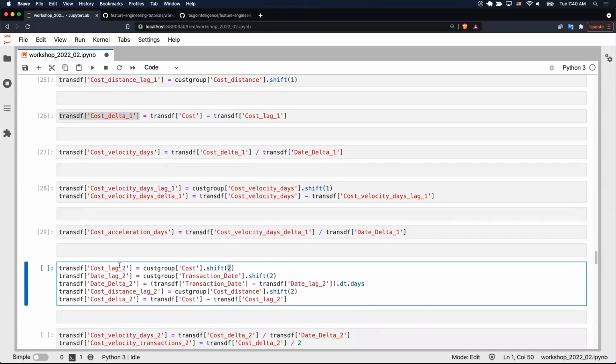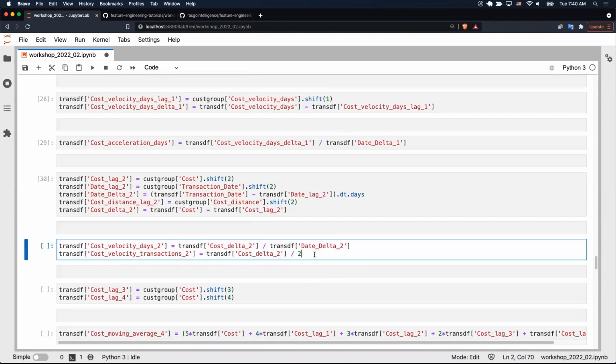So in this case, we're going to grab 2 ago, the time delta, the distance delta, or the distance leg, excuse me, and then the change in purchase from this transaction and 2 ago. Calculate the same velocities. You can calculate the same acceleration if you want to.